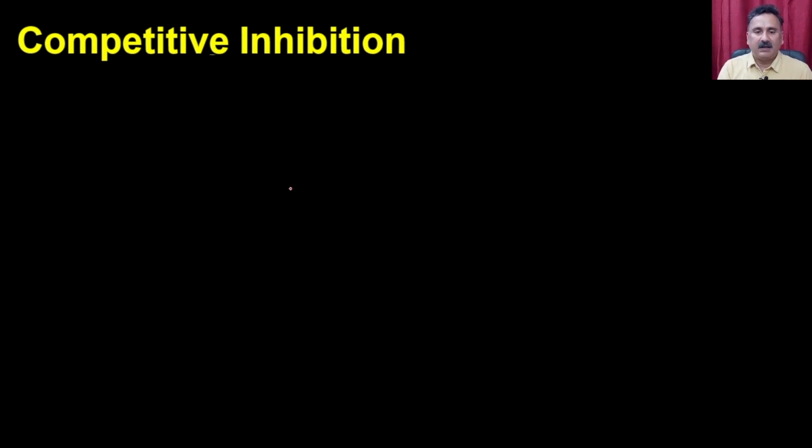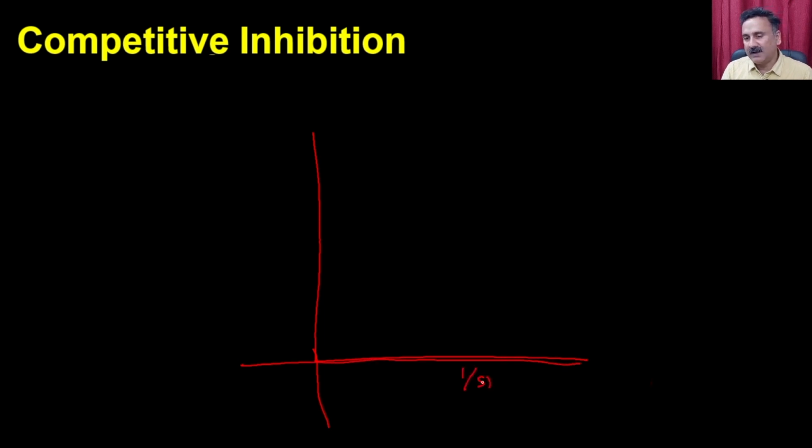And this is what exactly happens when you have multiple inhibitor concentrations. When you have multiple inhibitor concentrations and you show the Lineweaver plot, you are going to have 1 by S versus 1 by V. For example, this is going to be no inhibitor.